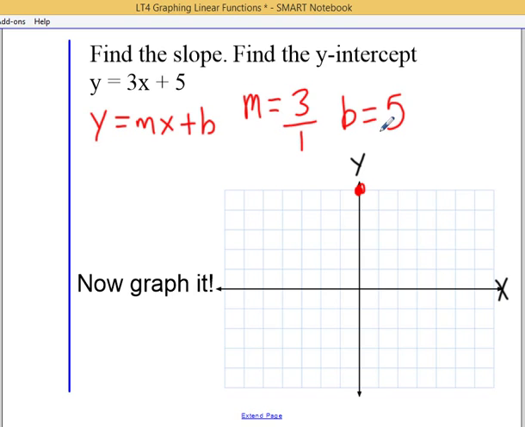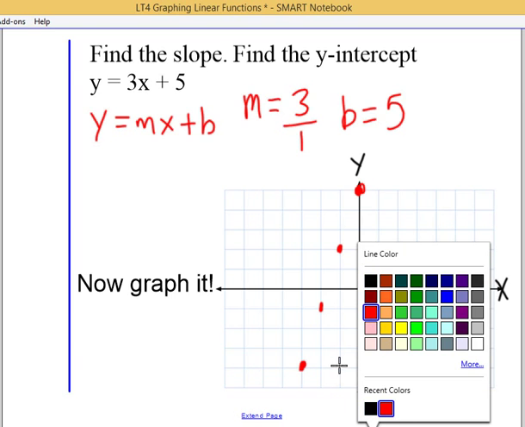Well, that's not a problem, because if I can go up and to the right, I should also be able to go down and to the left. So down 3 and left 1 would also work. Let's do it again. Down 3 and left 1, down 3 and left 1. I think that actually made a pretty good graph for us.